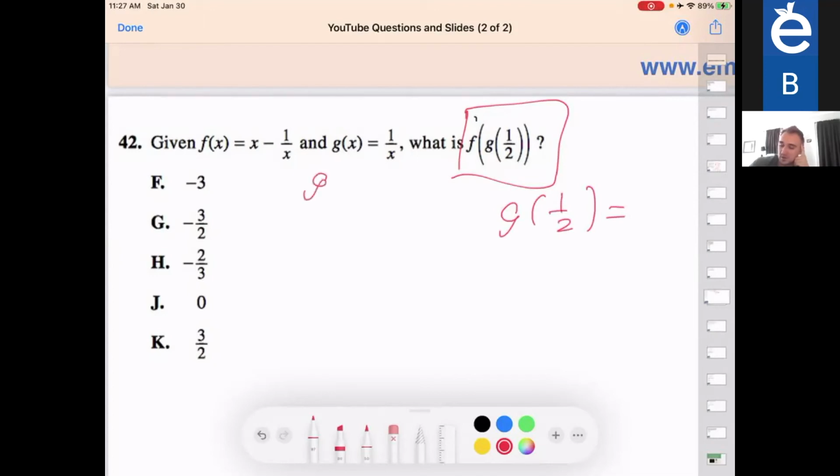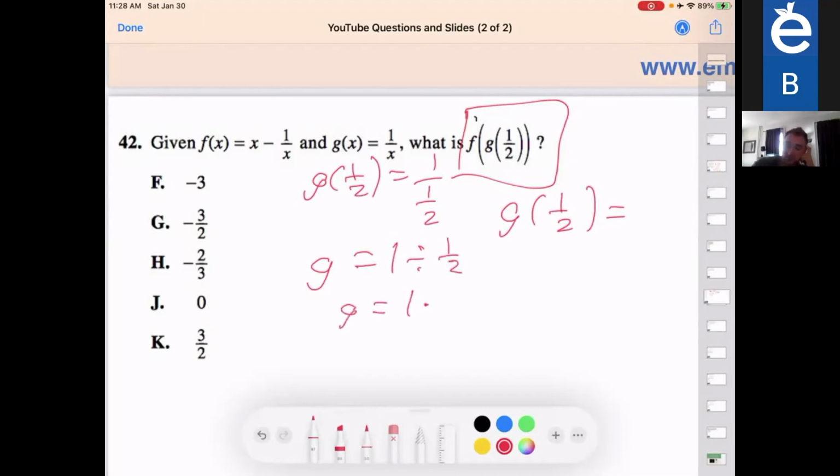So here, g of 1/2 will be equal to 1 over 1/2, which is equal to 2, right? 1 divided by 1/2 is the same thing as multiplying by its reciprocal. So 1 times the reciprocal of 1/2 is 2. 1 times 2 is 2. So g of 1/2 is equal to 2.